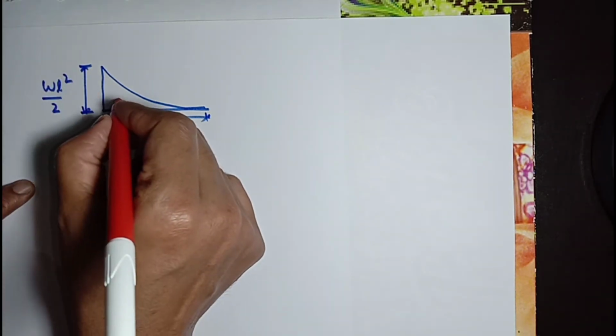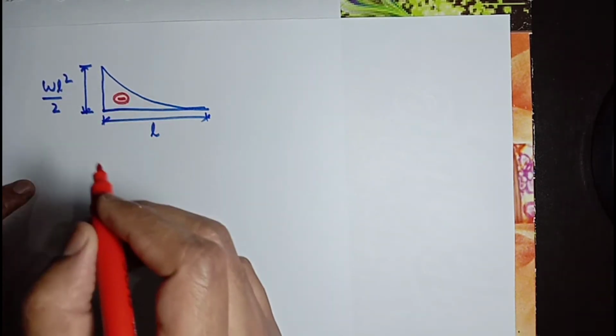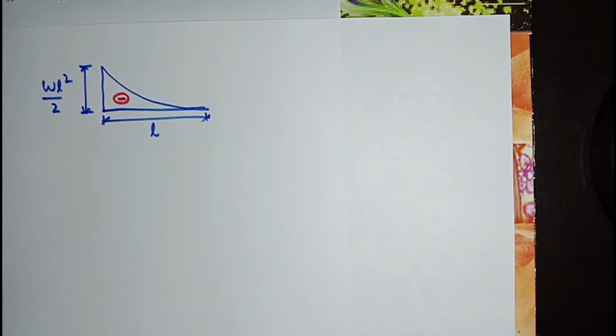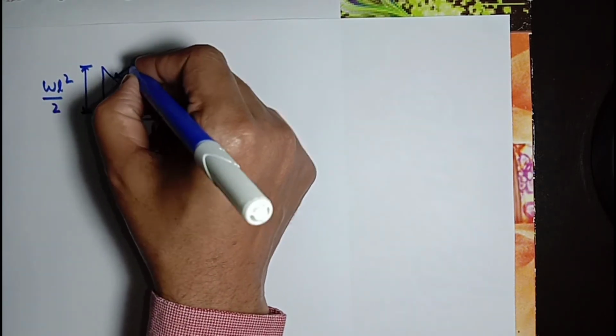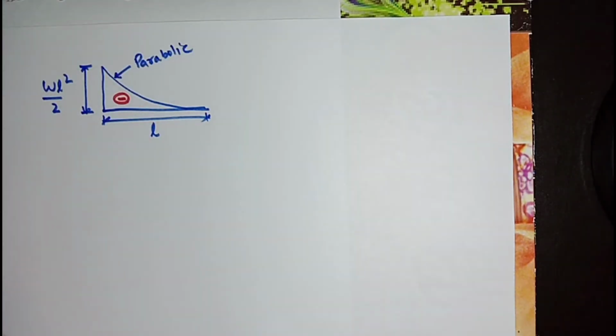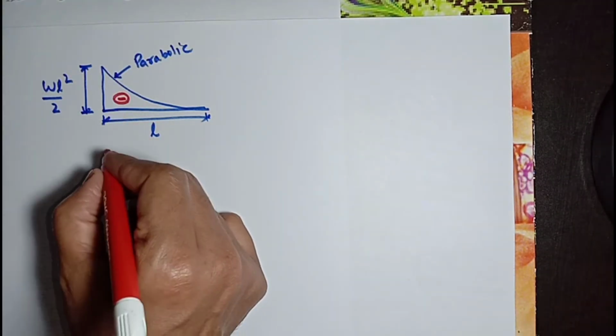The support moment is a negative hogging moment and it is in the anti-clockwise direction. And this is parabolic. This is the M diagram.